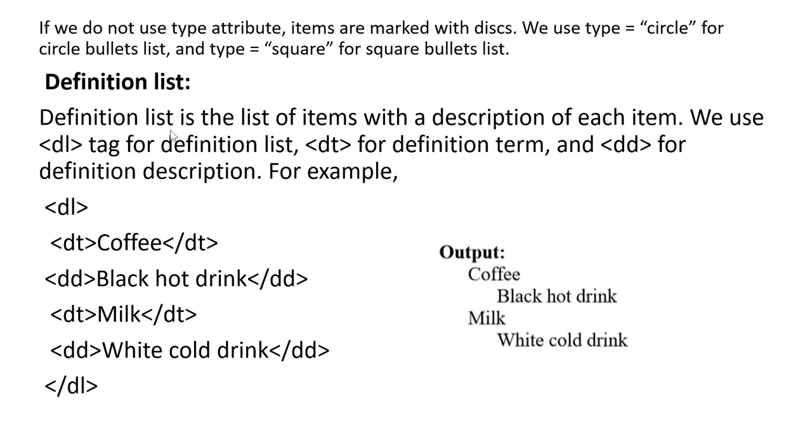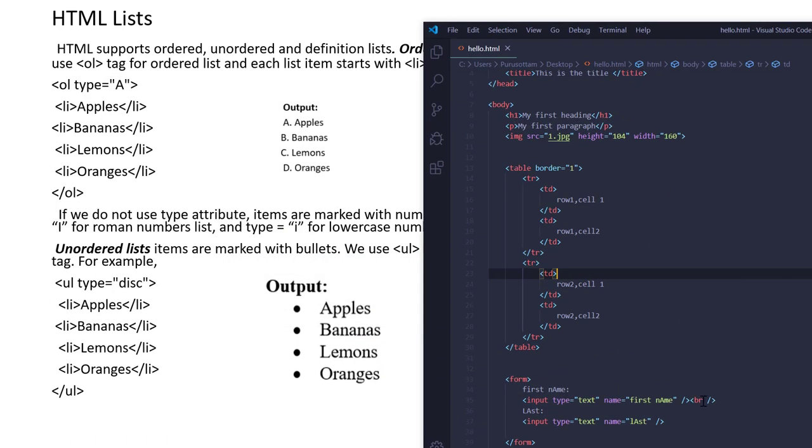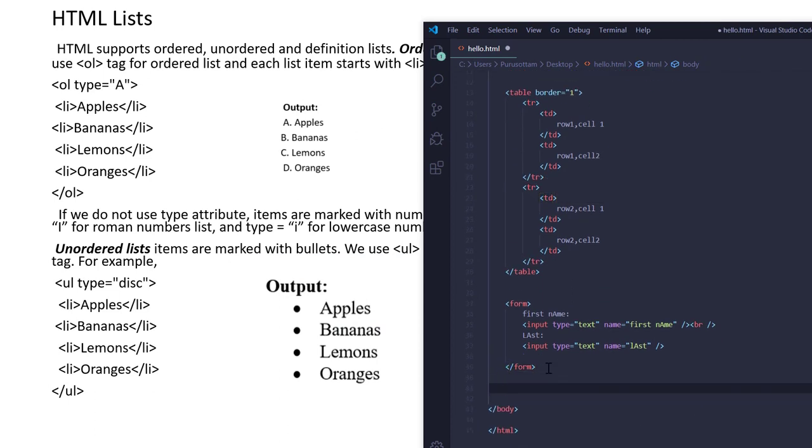Now we see the HTML list. ol, li, apple, cherry, lemons, and this only apples, two apples.